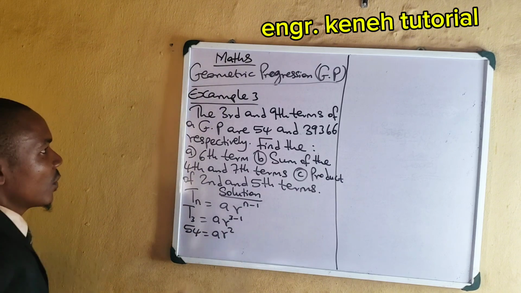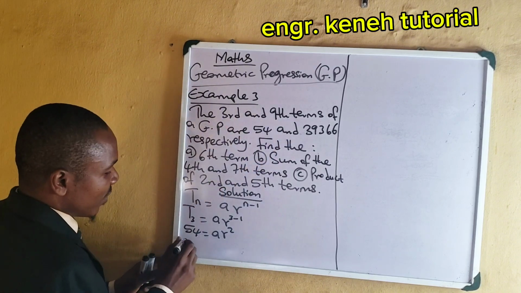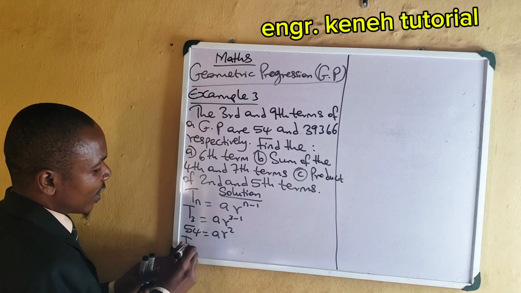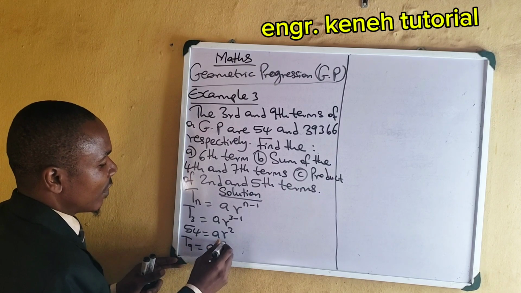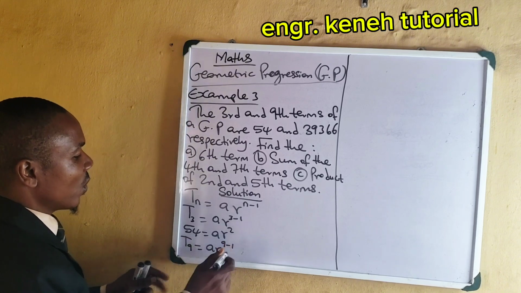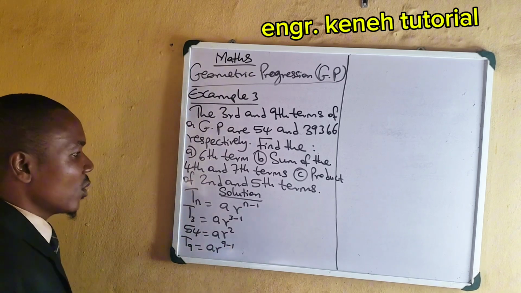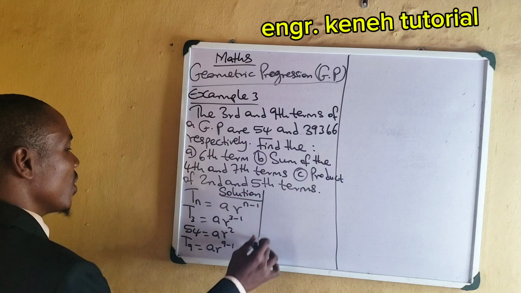For the ninth term, we have that T9 is equal to a, r, 9 minus 1. That is how it can be solved.